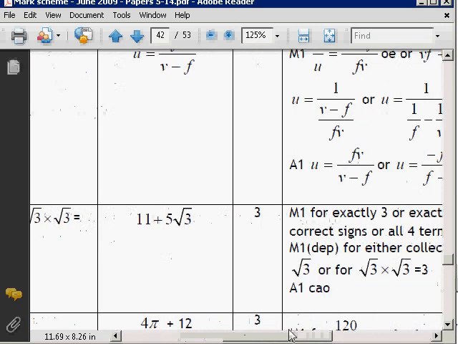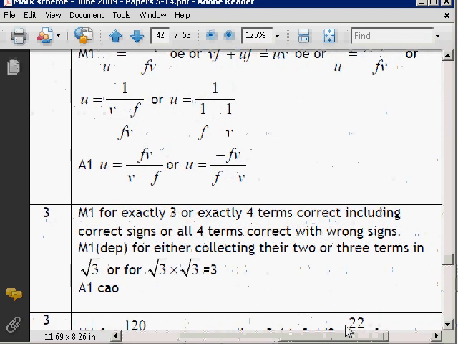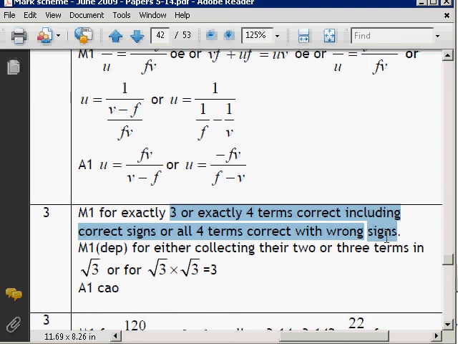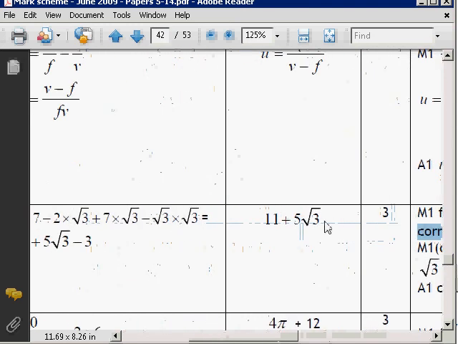You get 1 mark for exactly 3 or exactly 4 terms correct, including correct signs, or all 4 terms correct with wrong signs. There's also 1 mark for either collecting your 2 or 3 terms in √3, or for writing down √3 times √3 equals 3. So you could still, if you didn't get this correct, get 1 mark. Yeah, so that is the correct answer, 11 + 5√3.